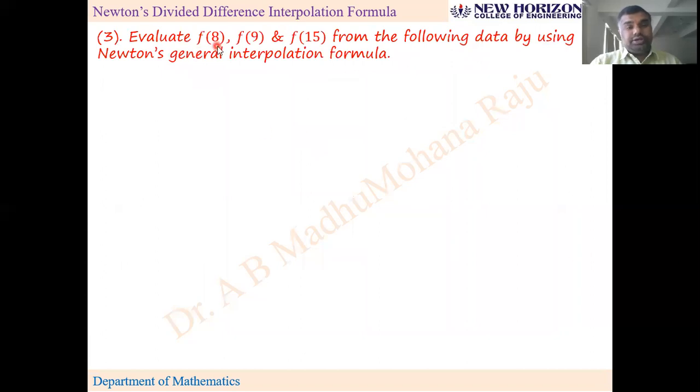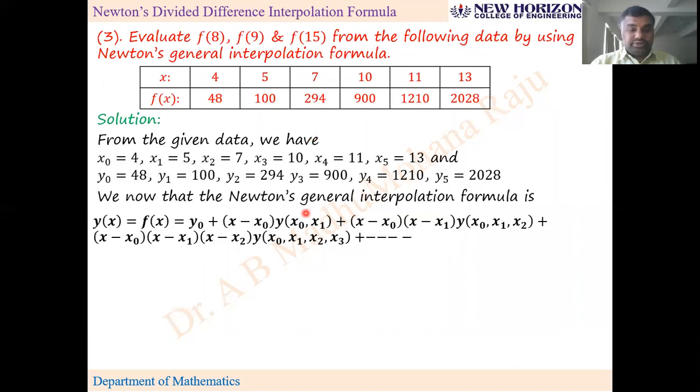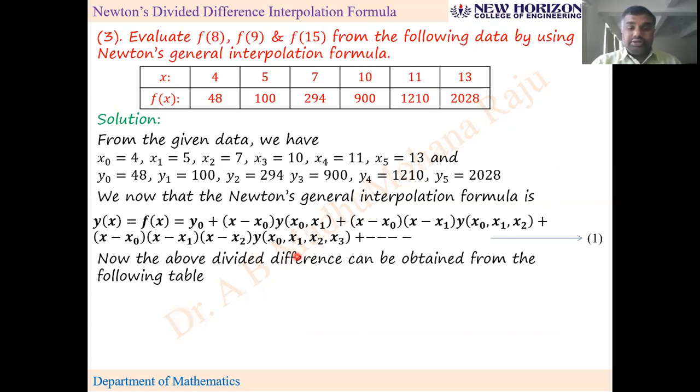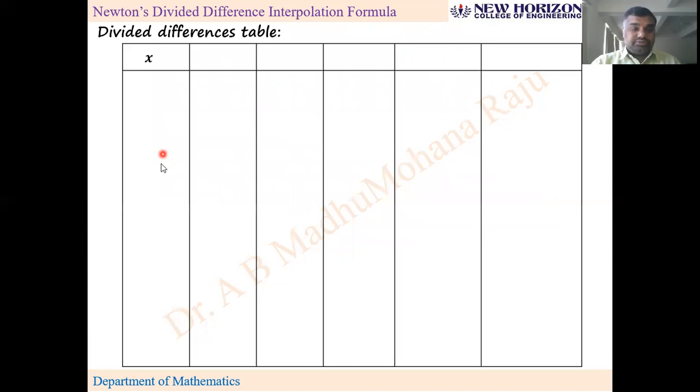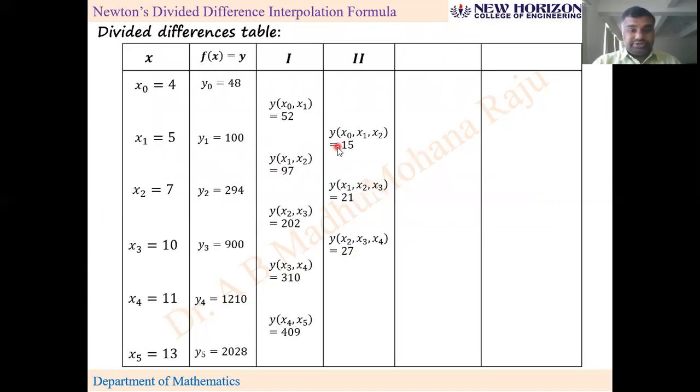Next, evaluate f of 8, f of 9, and f of 15 from the following data. Same: list out x values and y values, Newton's divided difference interpolation formula, and the divided differences table: x values, f of x, first order differences, second order differences, third order differences.